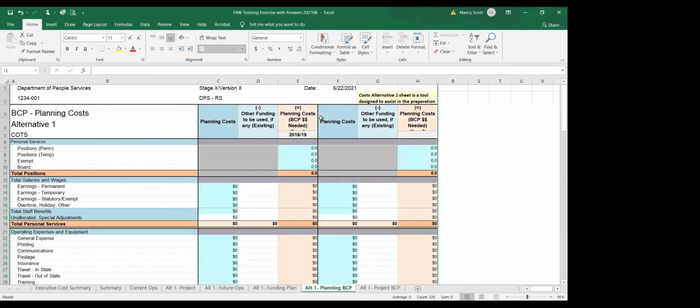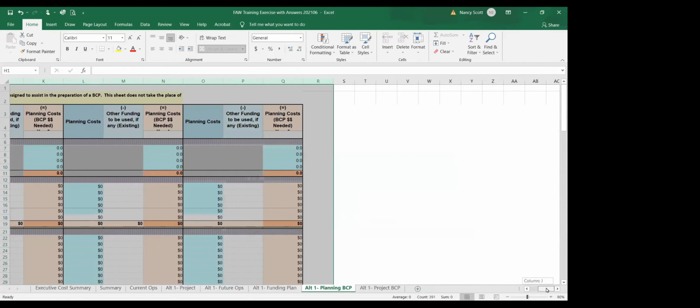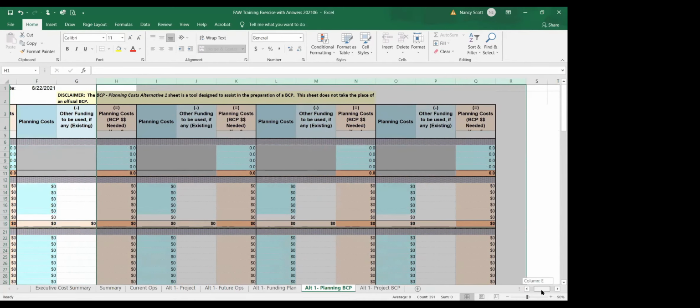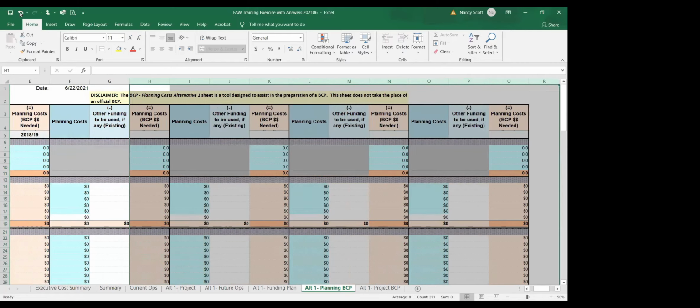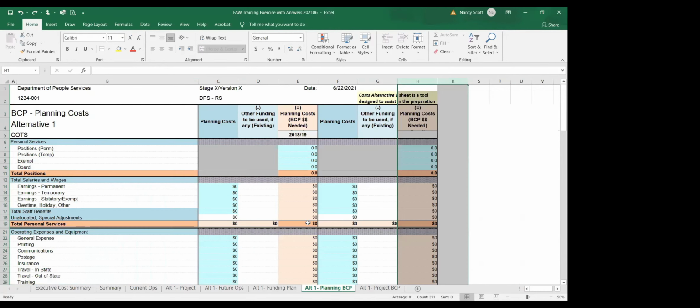And then it automatically brings in the information, so there's no entry needed other than to hide the rows. Of course, if I unhid it using that between H and R, it's going to show all the years possible, which is that 5 years. But because we know there's only one planning year, we can just rehide that. So that's for planning purposes.